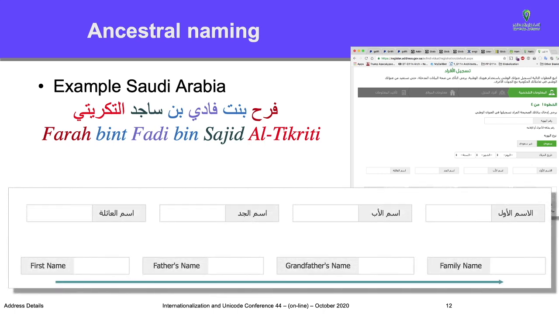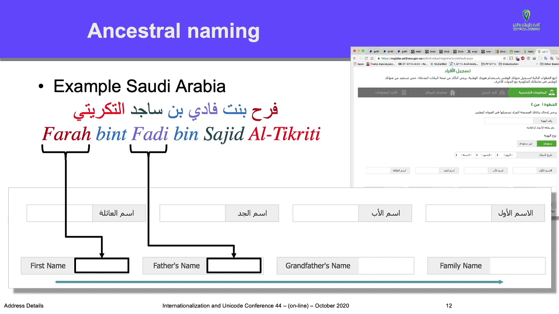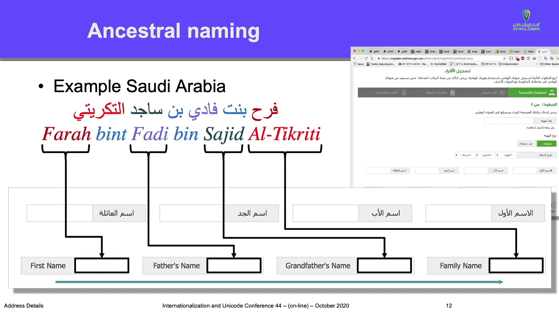You would enter your first name, and this is Farah, who is the daughter of her father Fadi, who has the grandfather of bin Sajid and her family al-Tikriti. She might be referred to as Farah al-Tikriti or Farah bint Fadi al-Tikriti, or any combination of these names, again, depending on the context.